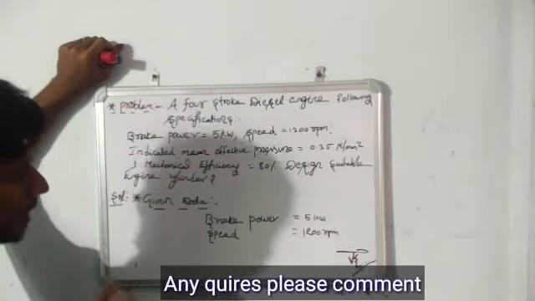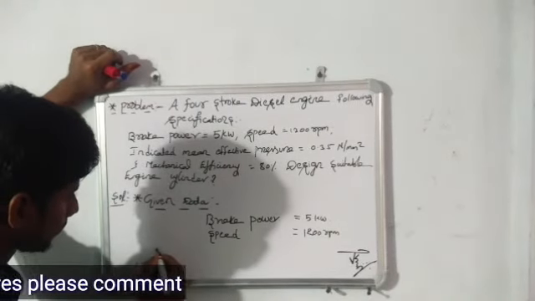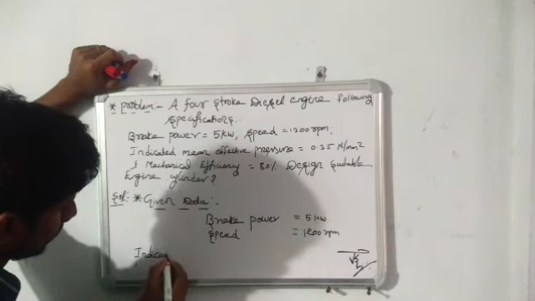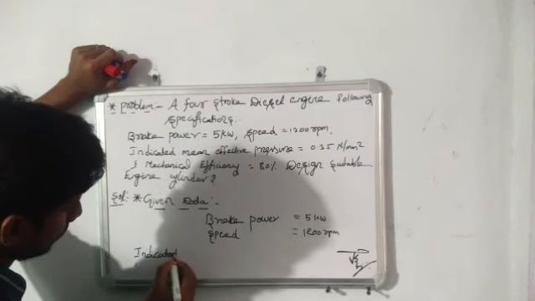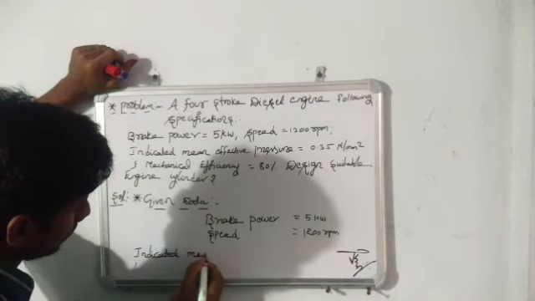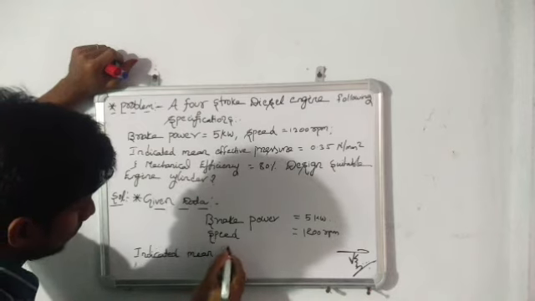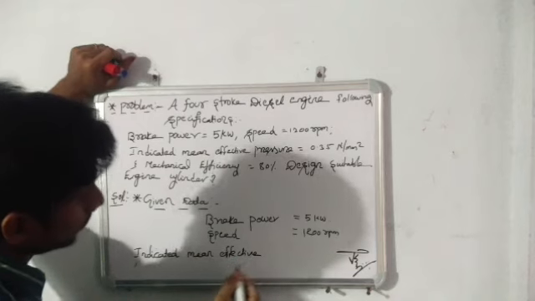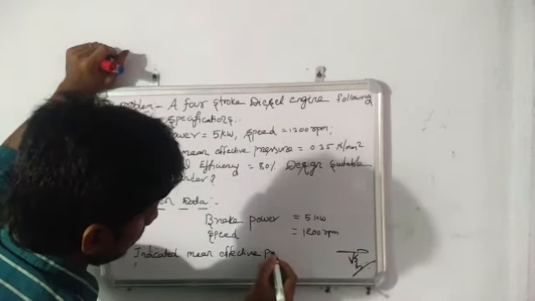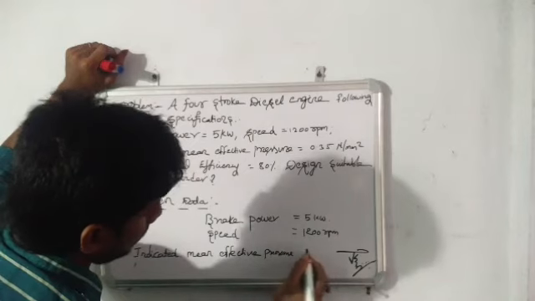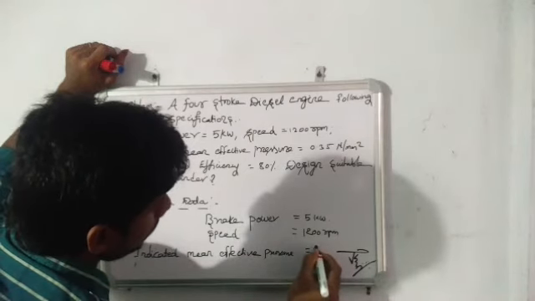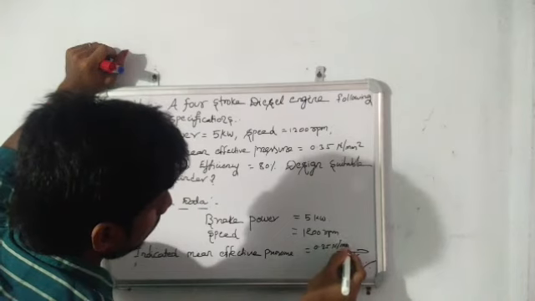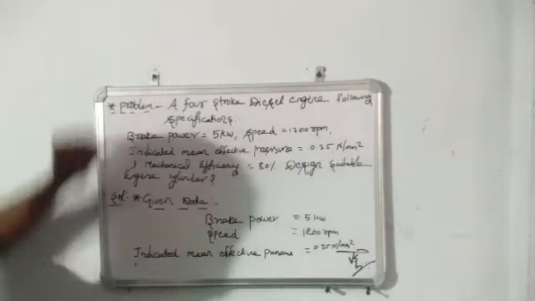And the indicated mean effective pressure is equal to 0.35 Newton per mm square.